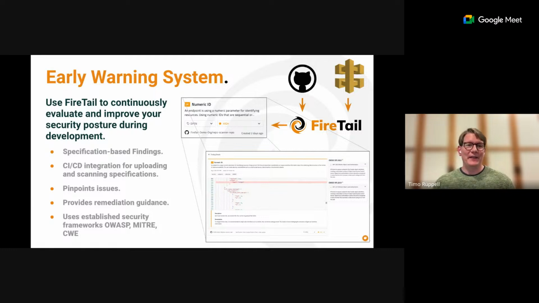So here, FireTail can help you by doing continuous integration into your CI/CD pipeline and using, for example, code-to-spec capabilities, or just FireTail GitHub Actions that let you upload the existing spec files into FireTail, where it becomes part of our findings engine.